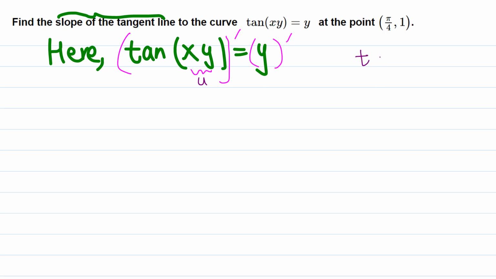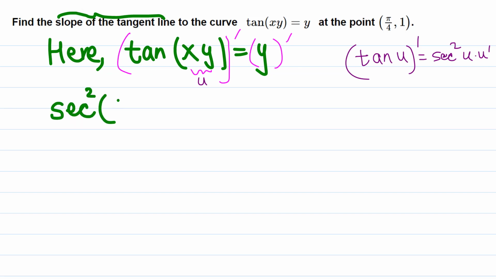And when we have tangent of some function, its derivative is, from the chain rule, secant square u times u prime, where u is the inside function. So this is secant square u times u prime equals, right hand side, just y prime.